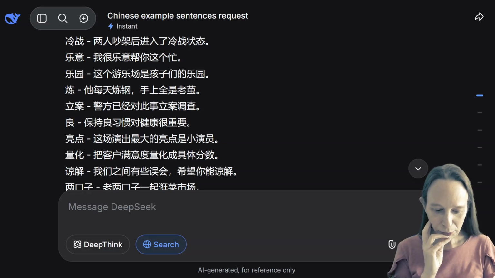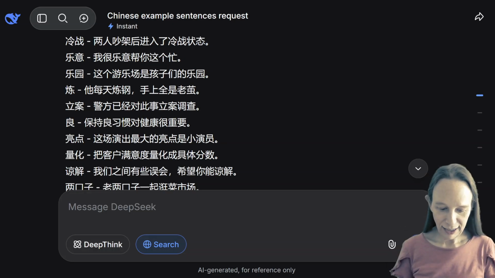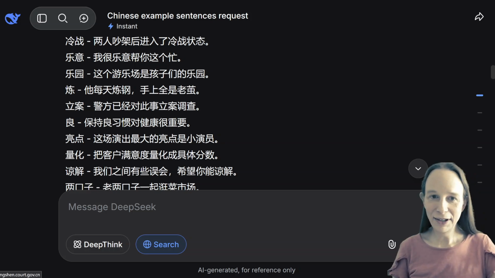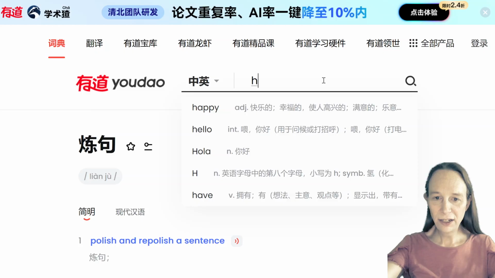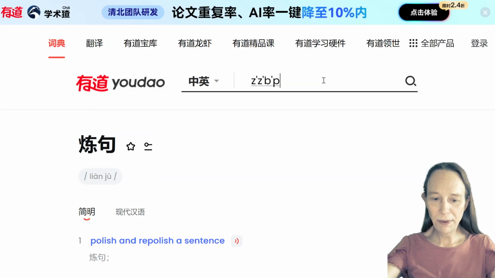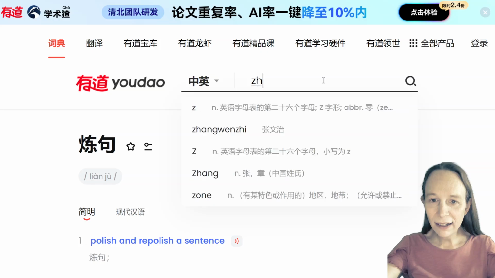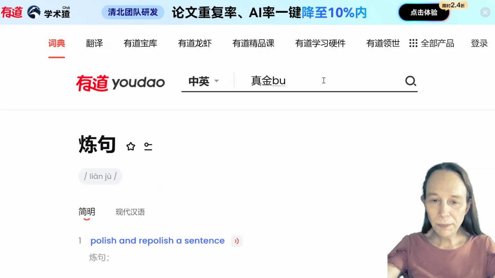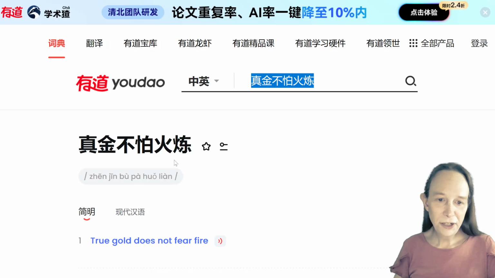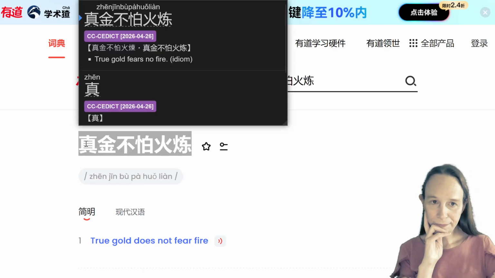真金不怕火炼. This is a 成语, I think. True gold fears no fire.